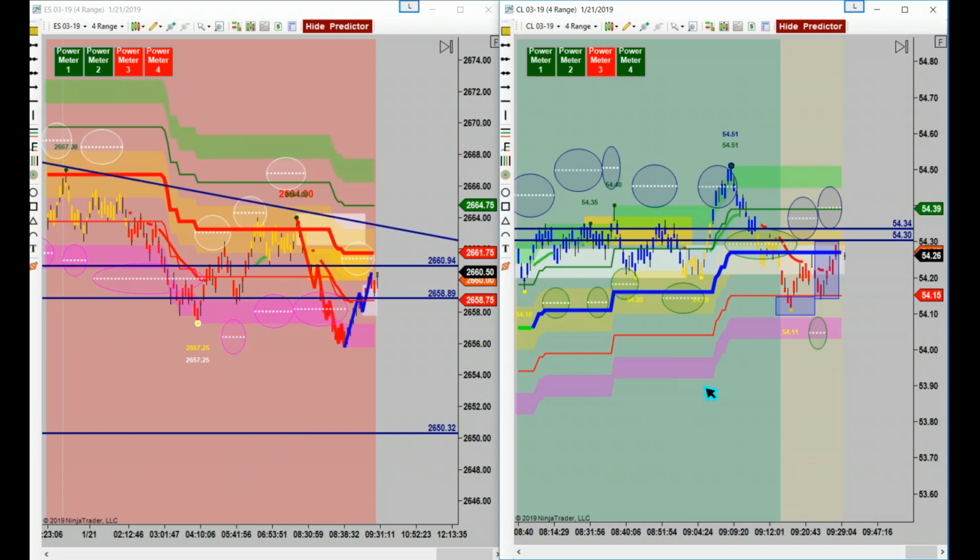See that 100% move's holding so far. Yeah, I wouldn't let crude close below that lightning 3 to the left there. Not that lower one, but the ones to the left with the yellow bars.